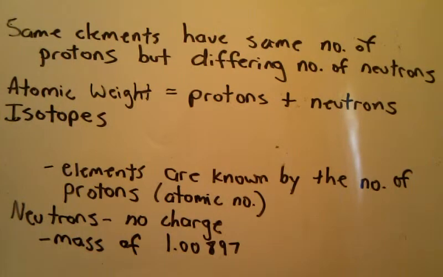Two elements can have the same mass number but never the same atomic number. We can figure out the number of neutrons in each case by subtracting the atomic number from the atomic weight.